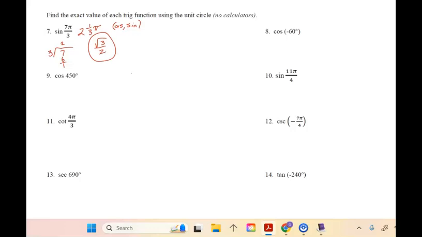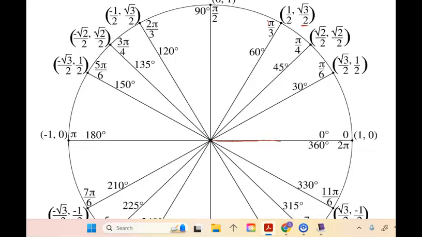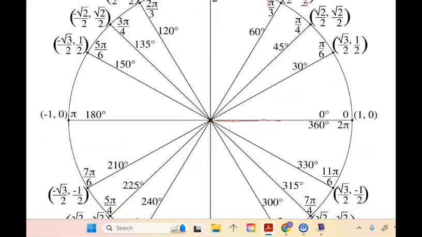Cosine negative 60. Well, cosine will be the x-coordinate for the angle negative 60 degrees. Okay, so when I'm drawing negative 60, I'm going to start here. This would be the initial side, always. And when I'm drawing negative 60 degrees, it would be going down here. And this would be the angle.